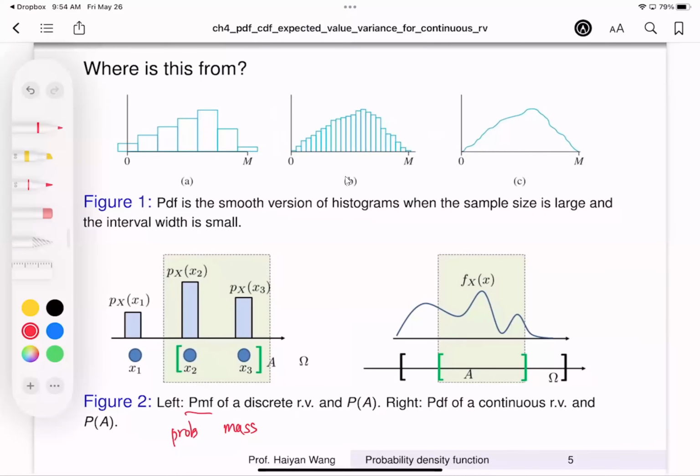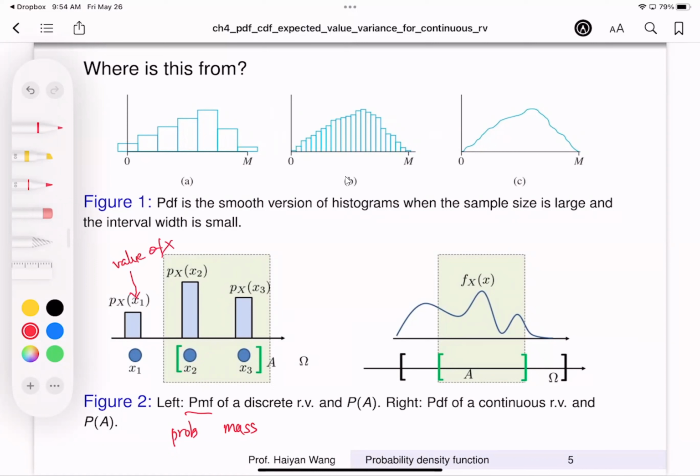For example, we have x1, x2, and x3, and the probability for x1 is given by p subscript x of x1. Subscript x represents that this is for variable x, and little x1 represents the value of this variable x.